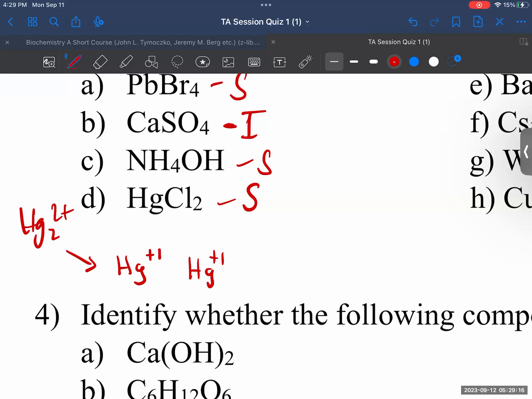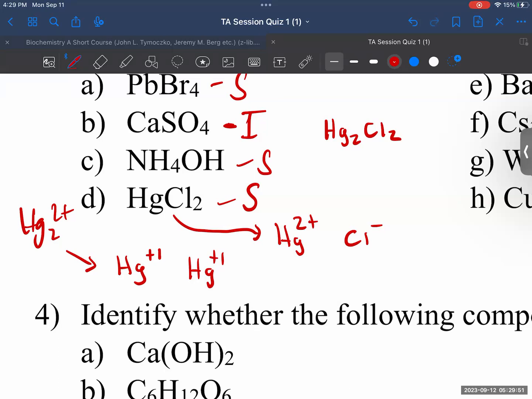But what we're dealing with here is Hg2+, mercury with the +2 charge. So this is mercury 2. Mercury 2 is not going to make chlorides, bromides, iodides insoluble, all right? So HgCl2, this one here in the problem, is going to be soluble, but if you saw Hg2Cl2, that would be insoluble because that's your mercury with the +1 charge.